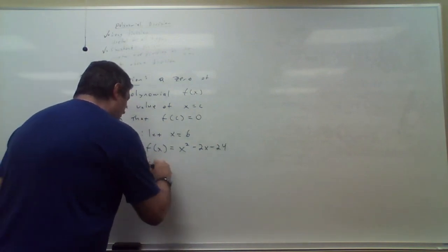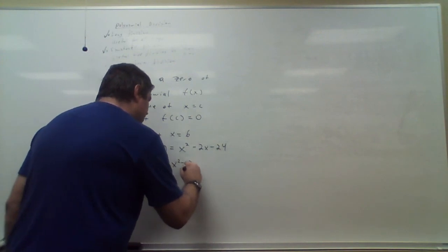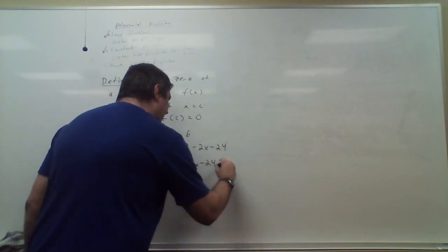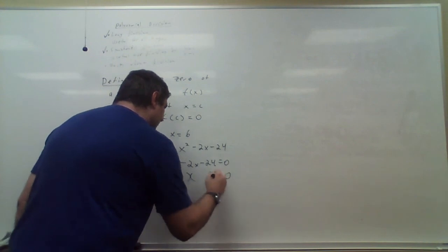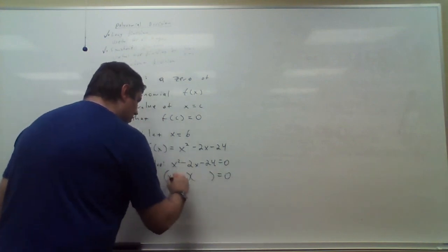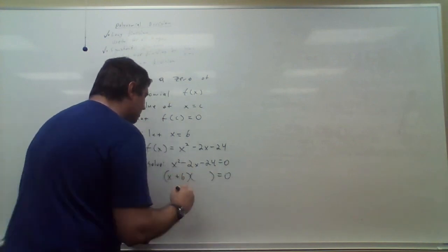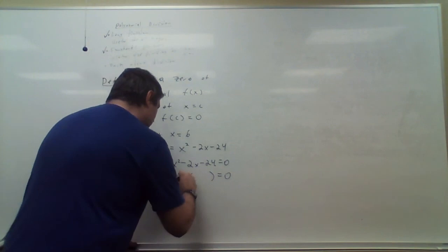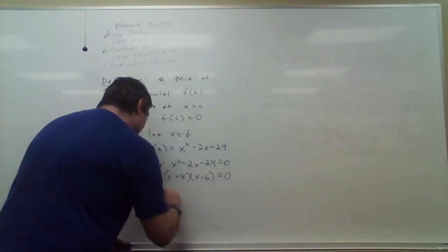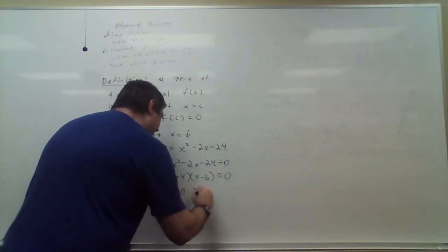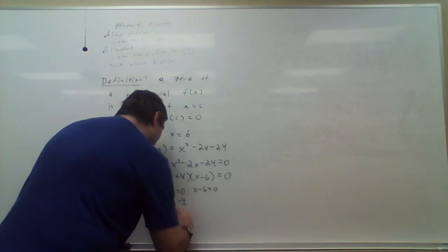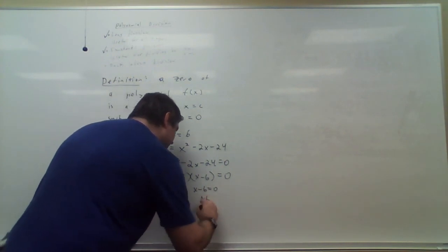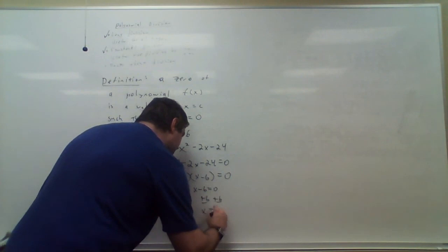If we solve x squared minus 2x minus 24 equals 0, we would have x plus 4, x minus 6. So x plus 4 would have to equal 0, x minus 6 would have to equal 0. Subtract 4, x equals negative 4. Add 6, x equals 6.